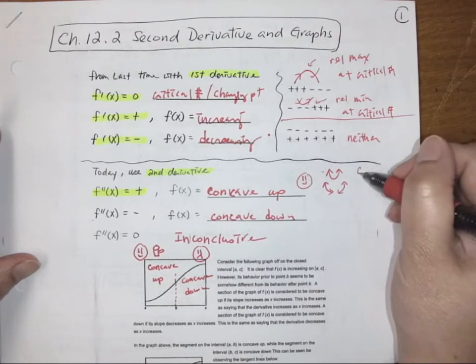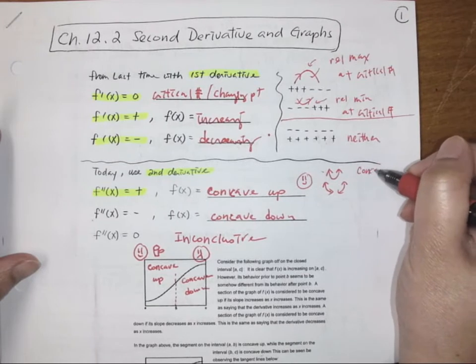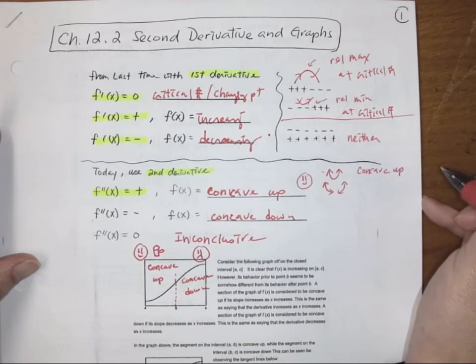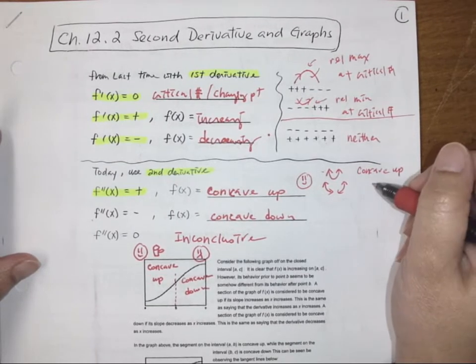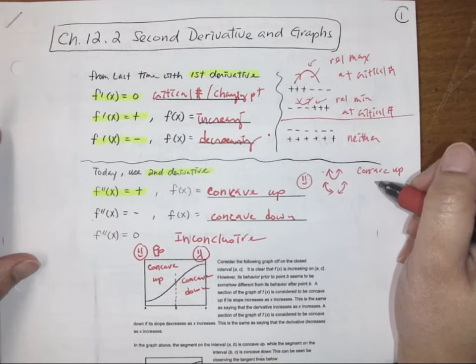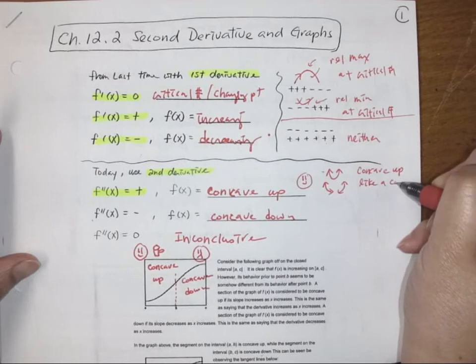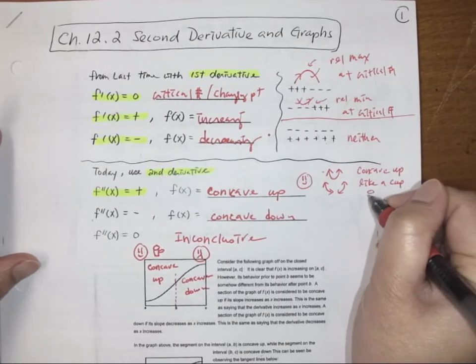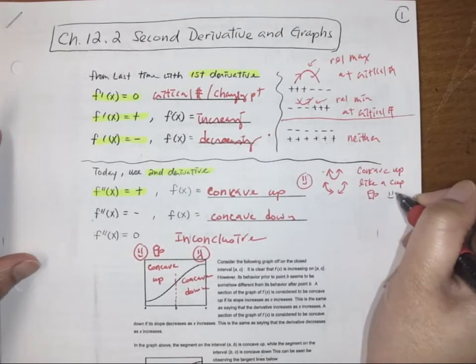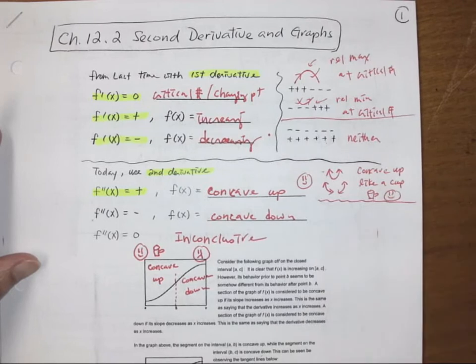So concave up is when you take the second derivative and you get a positive number. Concave up, like a cup. So the shape is like a cup or a smiley face to help you remember it.